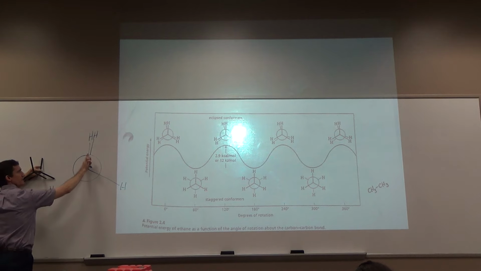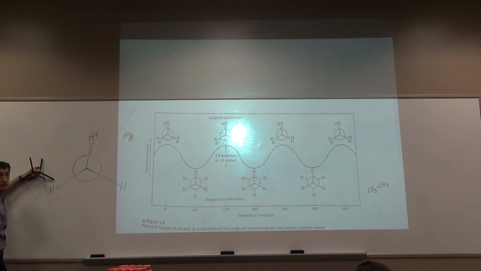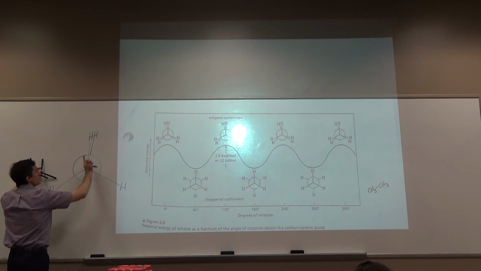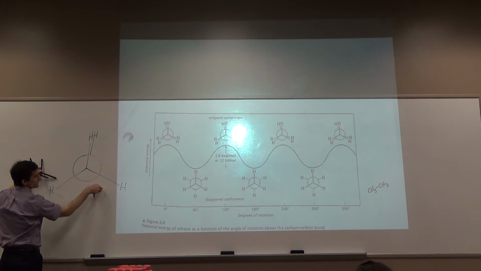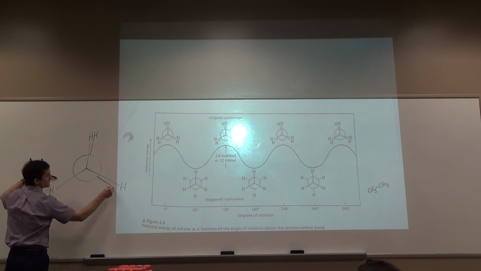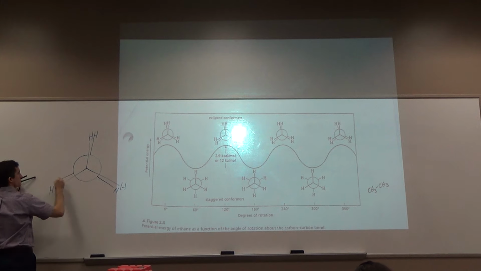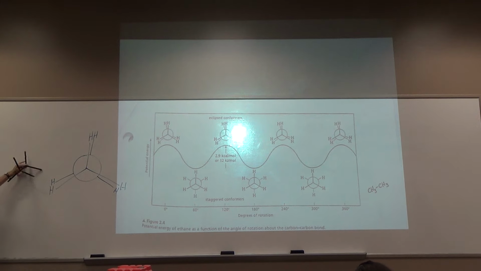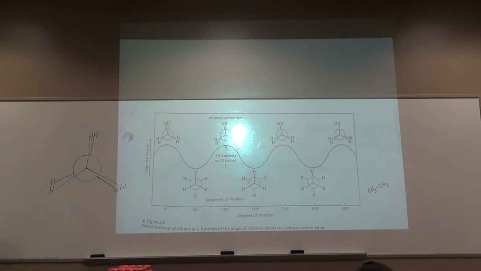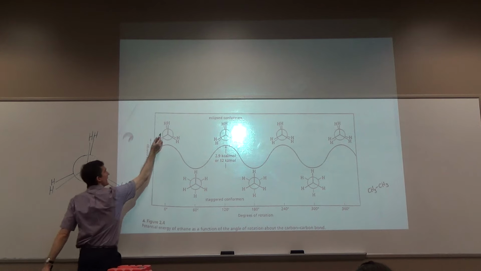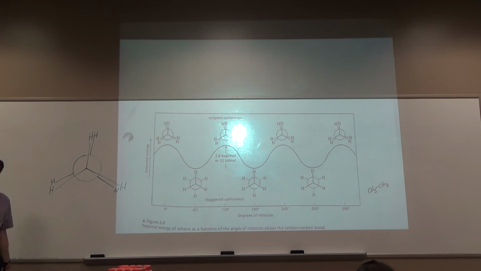It's like in real life, this line is right on top of the other line, and those H's are eclipsed. Now, since I drew this back a little bit to the right, I'm going to draw this a little bit to the right. And that's supposed to be what they have here, although they drew their H in the back a little bit to the left of the front line. Either way works.